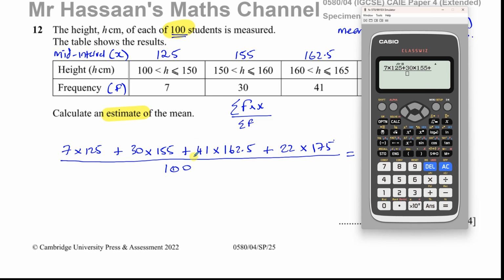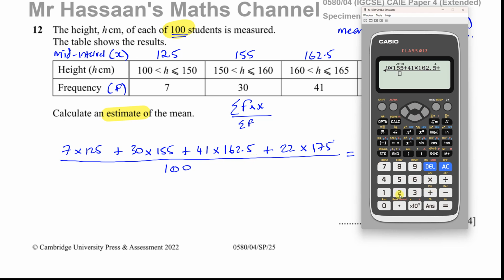Plus, okay, plus, and then 41 times 162.5. Okay, now 41 times 160, see, again, there's a 4 there. It's supposed to be 162.5. So always check at every step that you haven't typed something incorrectly. So easy to make that mistake. So that's why you should always be checking.